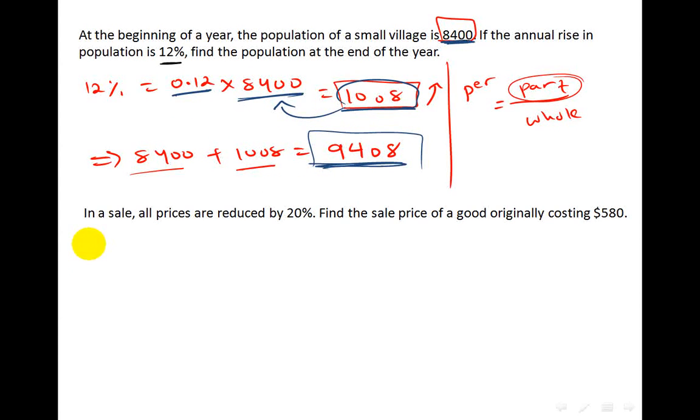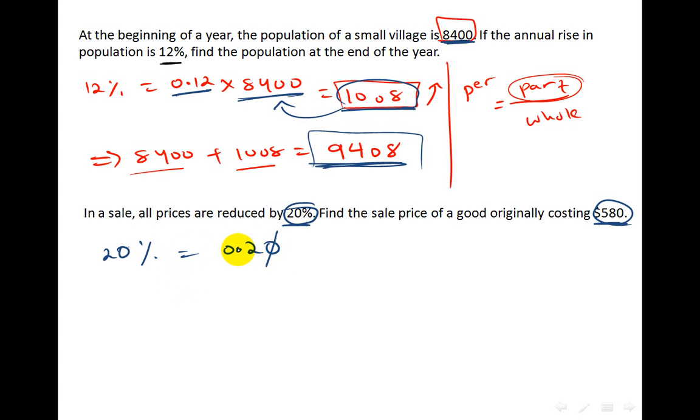Okay, third question. A sale price is reduced by 20%, find the sale price of a good originally costing 580. So the original cost is 580, there is a sale and it's reduced by 20%. First, this 20% must be changed to decimal, so it will be 0.20.